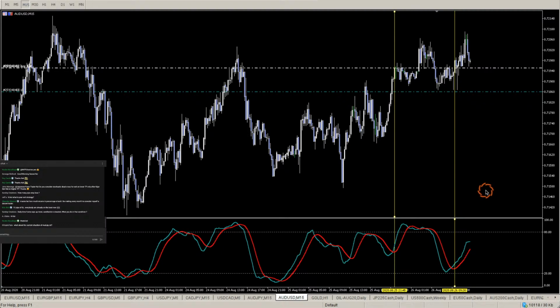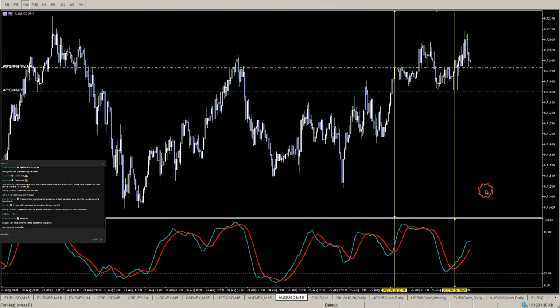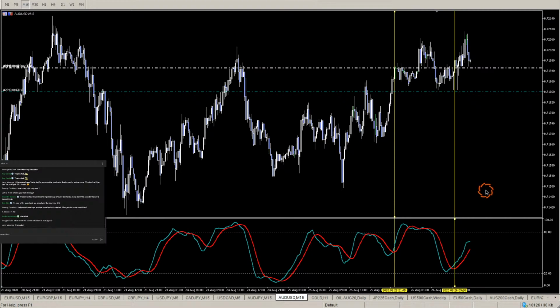Alright, Duke, 15 pips stop loss. Everybody are already on the boat now. Sure. Okay, so oh yeah, there's one more question from Sunday. Daily time frame says uptrend candlestick is bearish.